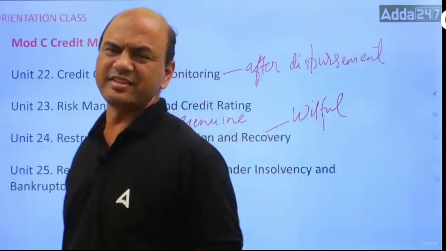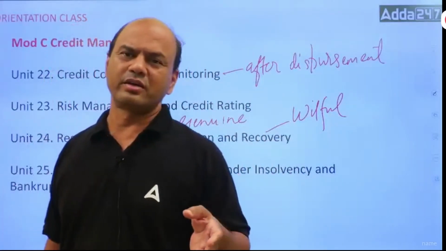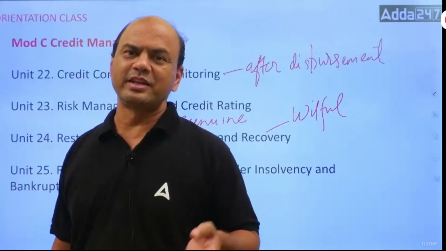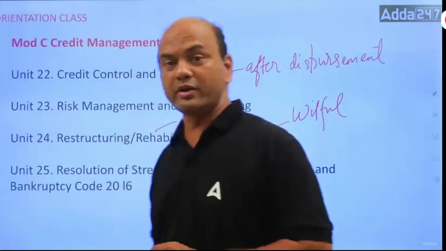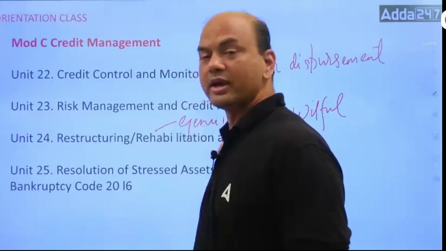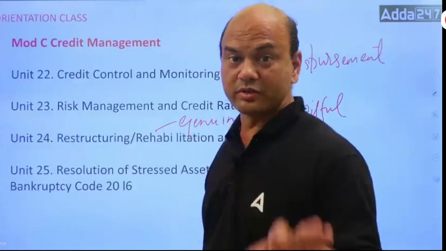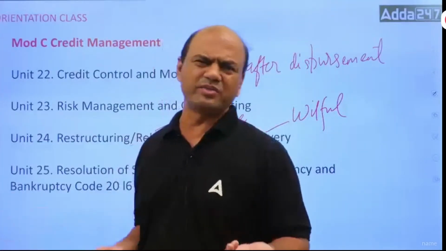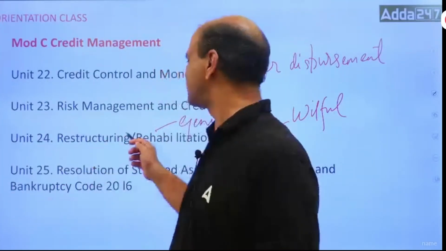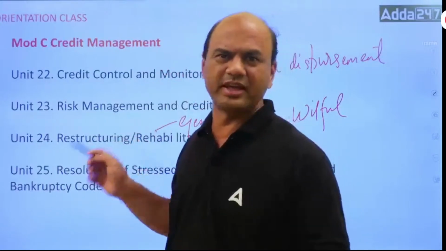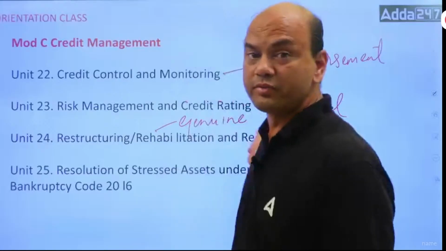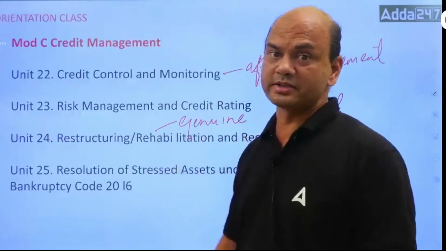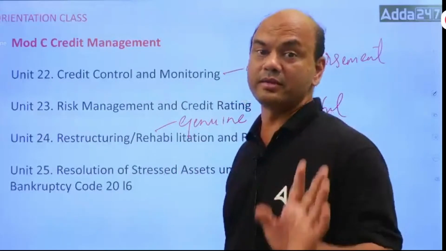Many are there, Nirav Modi, Vijay Mallya, many of them, isn't it? So the point here is how to handle these two, genuine and willful. For genuine, you have to do some rehabilitation because these are situational problems. Anyone can face this problem, right? But for willful, you have to be very strict because they have the money but they are not paying.